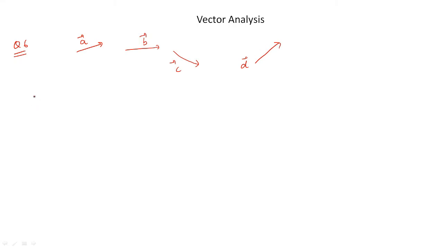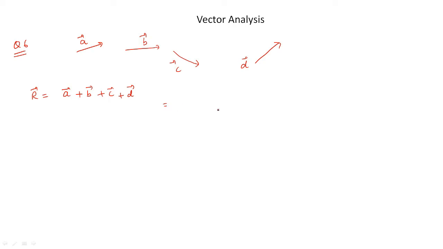So here we have to find the resultant of these vectors. So to find the resultant of these vectors, we will add these vectors. So it will be R is equal to vector A plus vector B plus vector C plus vector D.